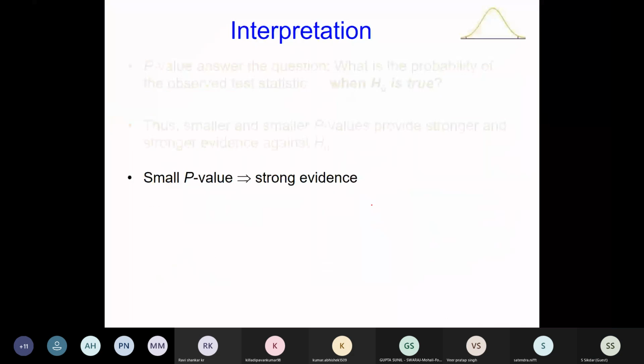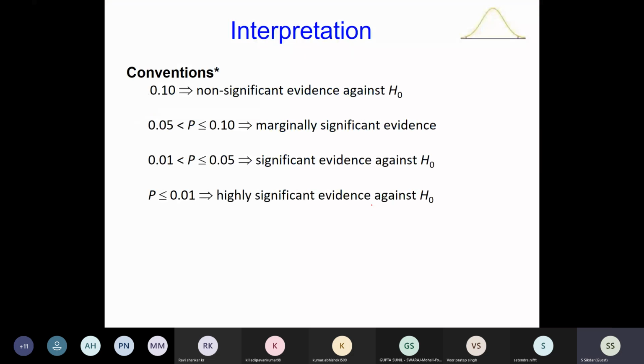Now, there are some conventions that are followed. If p is between 0.10 and 0.05, that means marginally significant evidence.